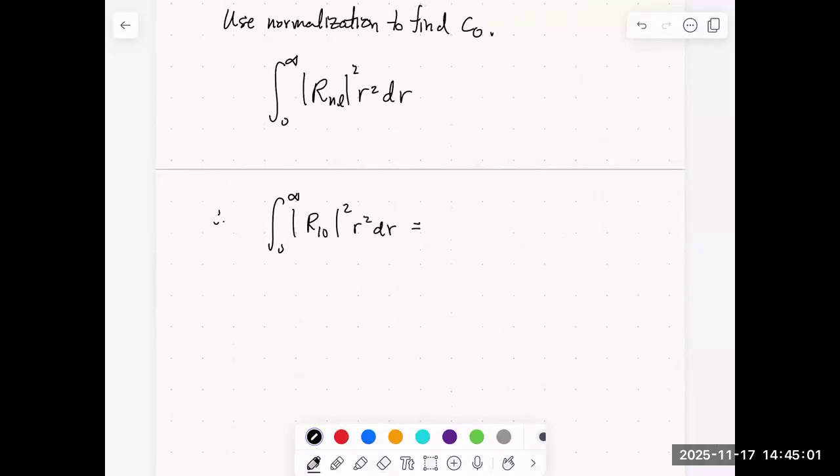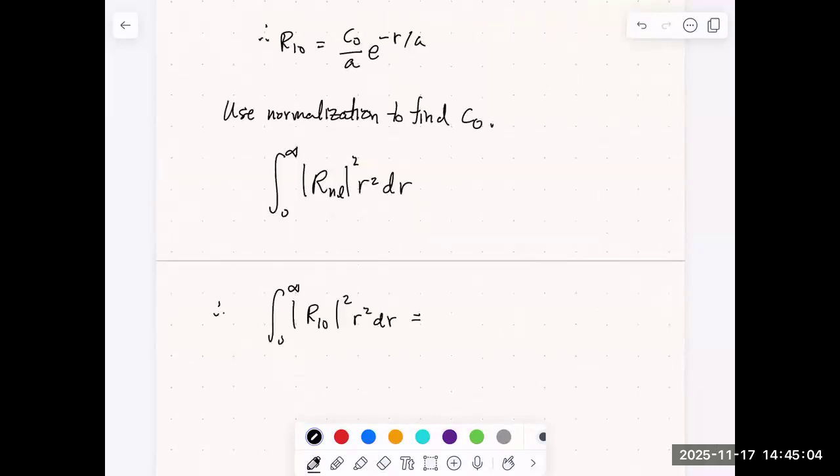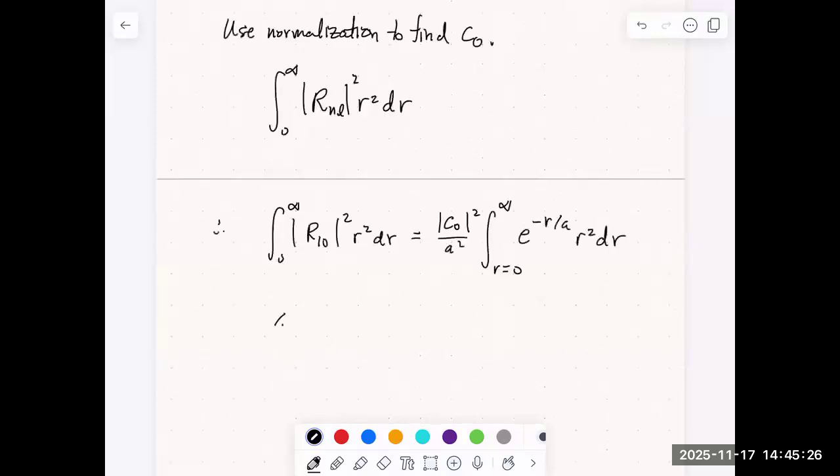So we'll get C0 squared over a squared, the integral from r equals 0 to infinity of e to the minus r over a, r squared dr. That's what we have to work out. I'm going to make a substitution: x equals r over a, so that dx is 1 over a dr. We want this all to be equal to 1 if it's normalized.